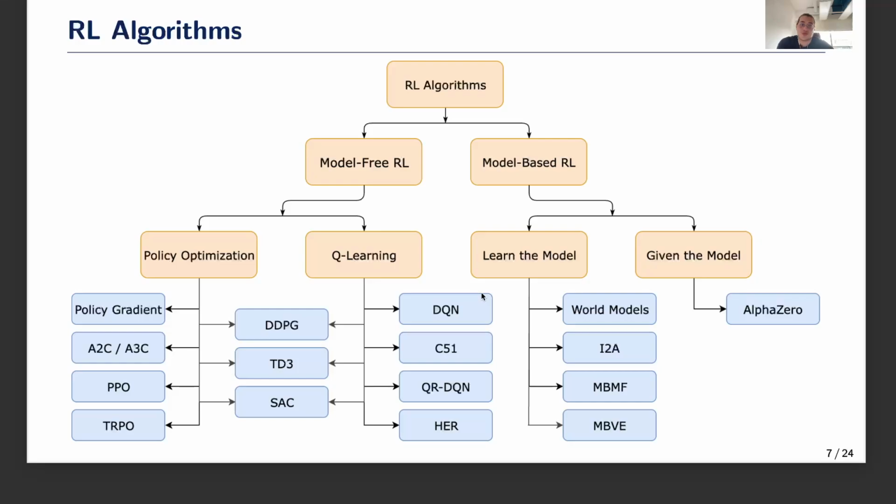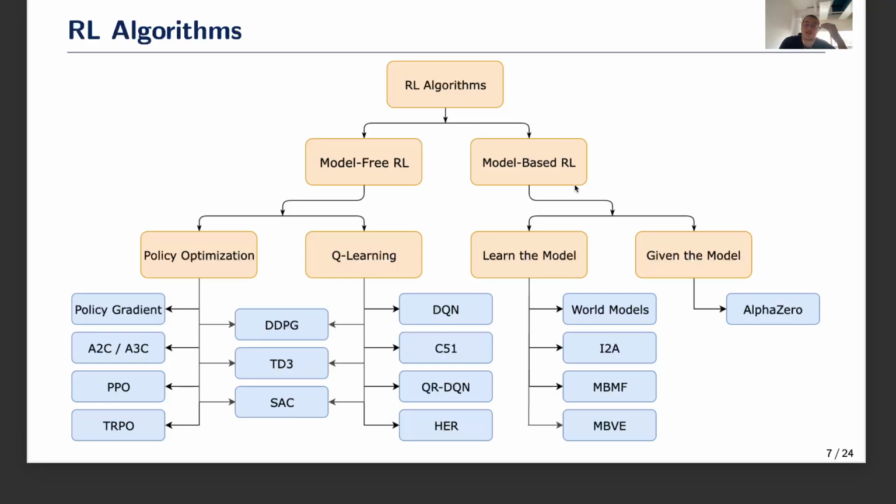At the top, we split into the two biggest parts: model-free reinforcement learning and model-based reinforcement learning. In model-free, the agent learns how to act without building an explicit model of the environment. In model-based, the agent learns or uses a model of the environment, some function that can simulate outcomes.